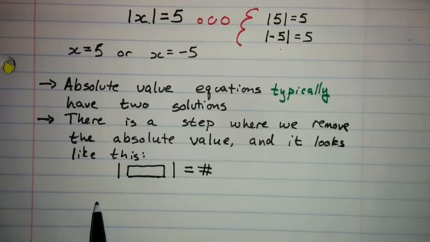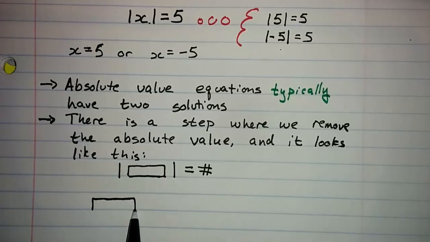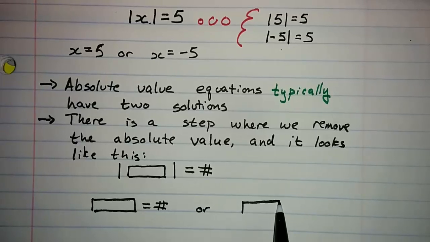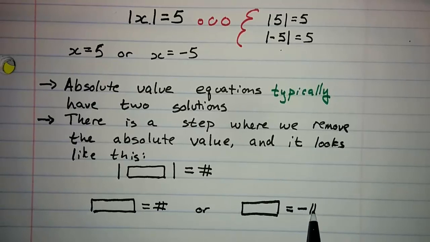And this tells us that either our expression equals that number, because provided this is a positive number, it's its own absolute value, or that expression equals the opposite of that number, since a number and its opposite have the same absolute value.